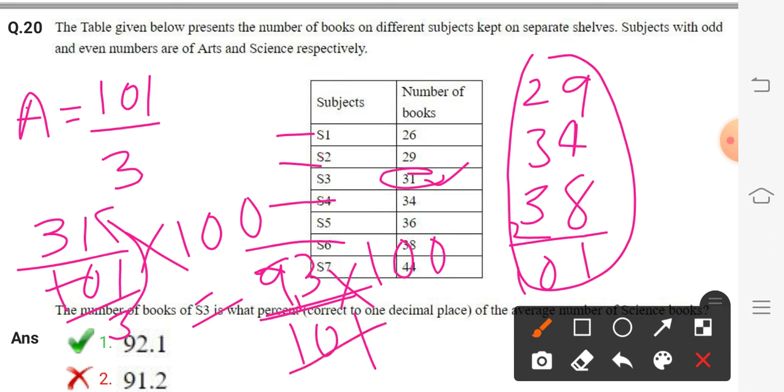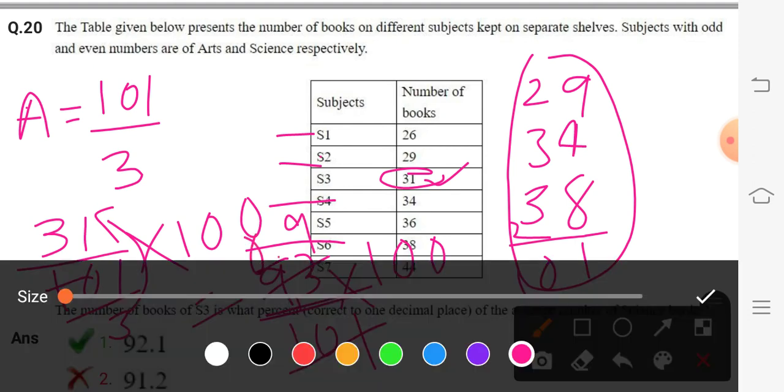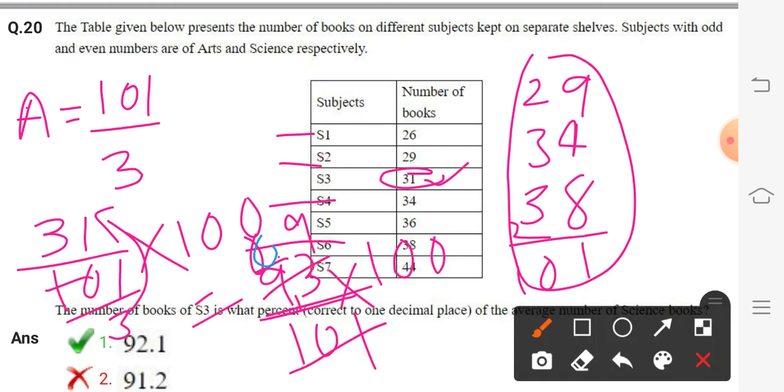When we cancel it, we get approximately 92.1. So the first option is correct.